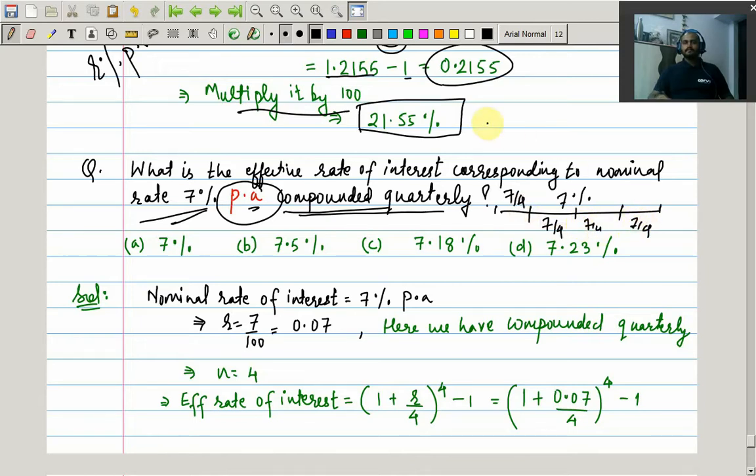In the previous example, this was not there. That's why I took 5%, 5%, 5% everywhere. So 7 by 4. The nominal rate of interest is 7% per annum, so r is 0.07. Here we have compounded quarterly, so n is 4. So I need to divide r by 4.